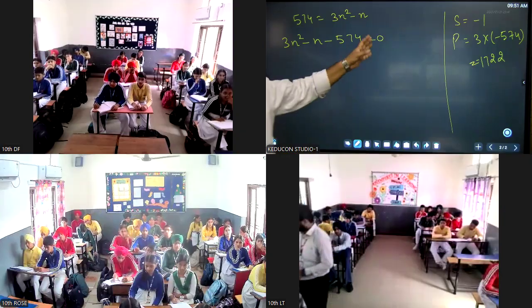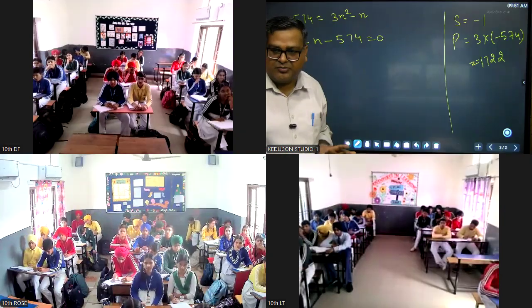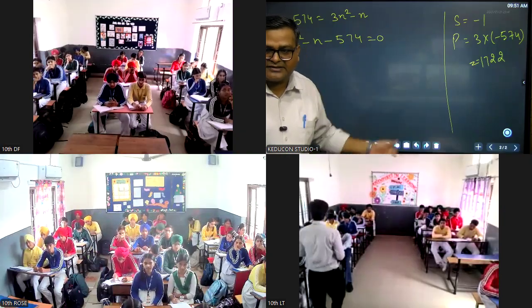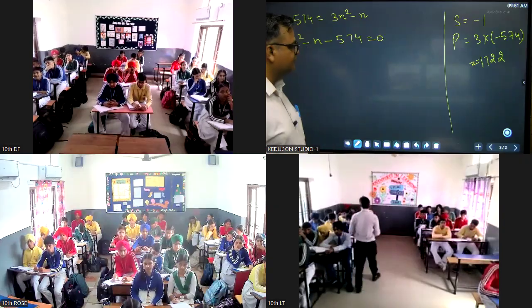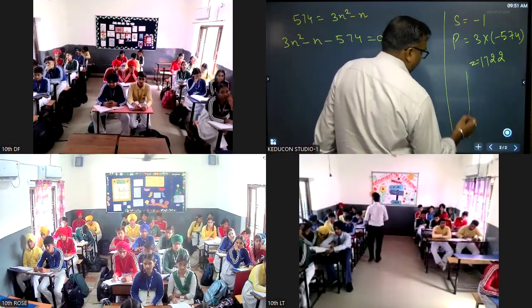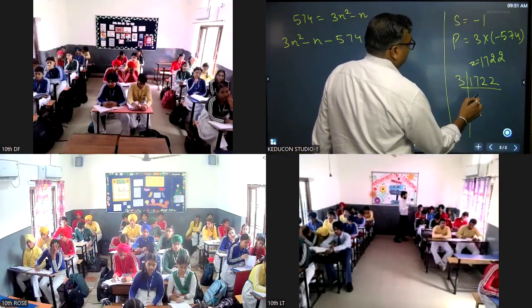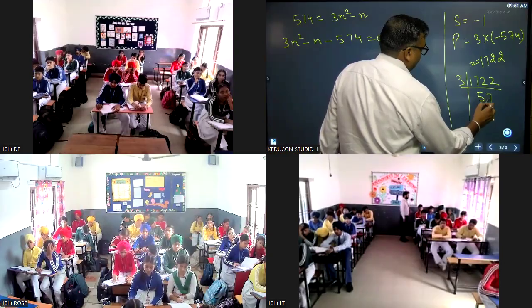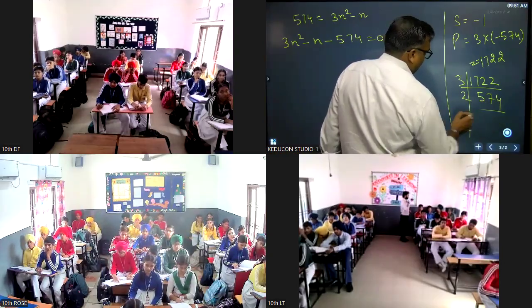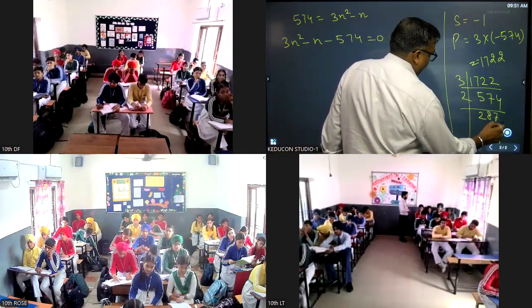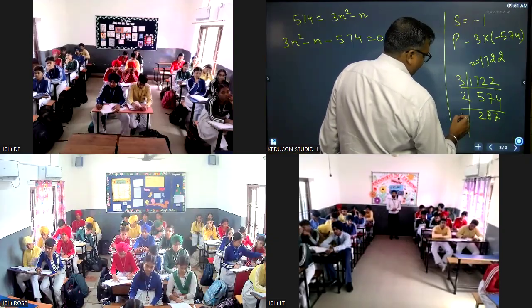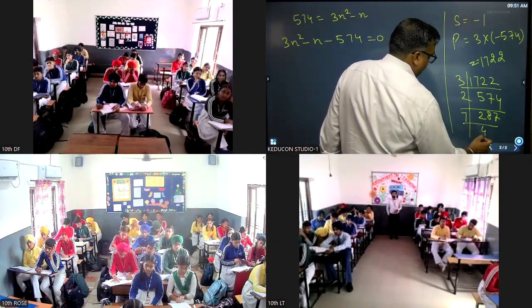Now student, how to factorize this? It's a big number. You cannot make out that the sum should be minus 1 and the product is minus 1722. So just prime factorize this. When you prime factorize this, 574 is 2 times 287, then 287 is 7 times 41.